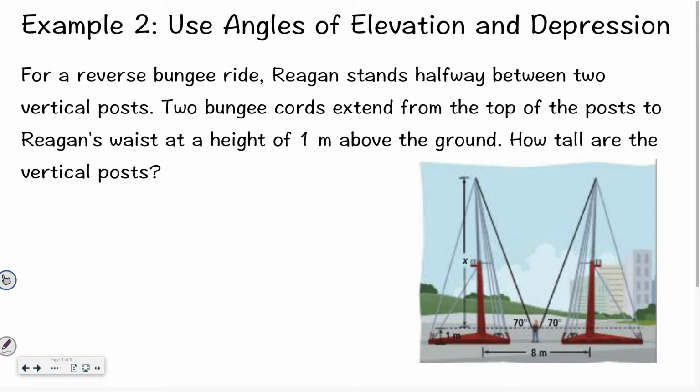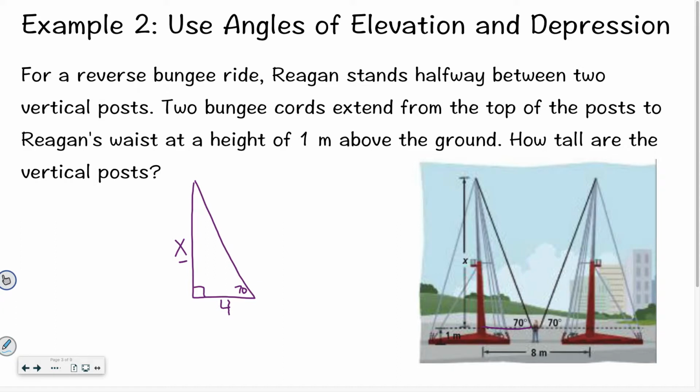If I were to draw a simplified triangle, it would look something like this. I'm trying to figure out how tall the post is. If Regan's halfway, that would be 4 meters. I know that this angle is 70, and I want to solve for this measure here.